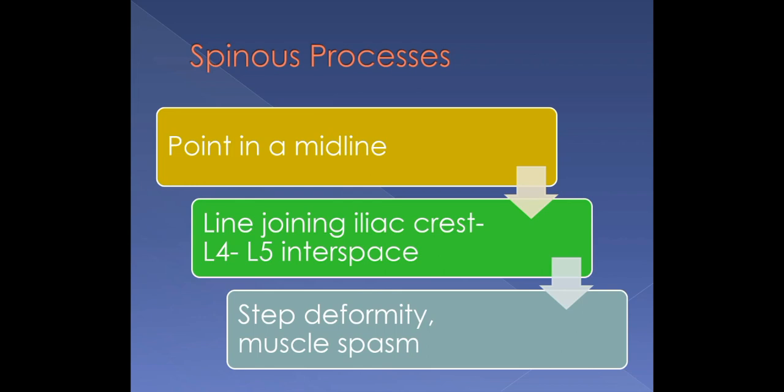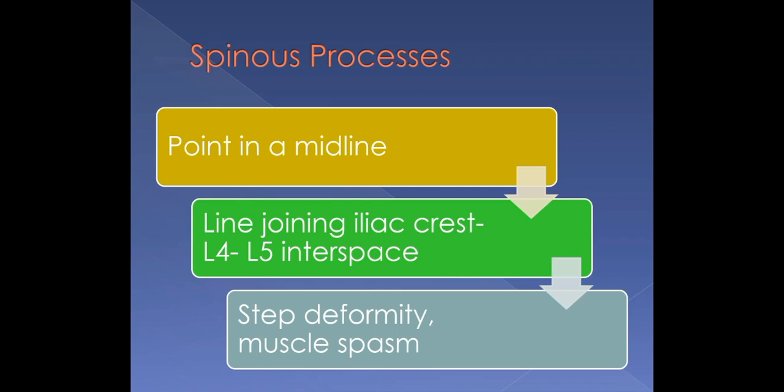If the examiner moves laterally 2 to 3 cm from the spinous process, the fingers will be resting on the lumbar facet joint. So remember, you have to move laterally from the spinous process 2 to 3 cm away, then you can palpate the lumbar facet joint. This joint should be palpated for signs of pathology, but because of the depth of these joints, the examiner may have difficulty palpating them.